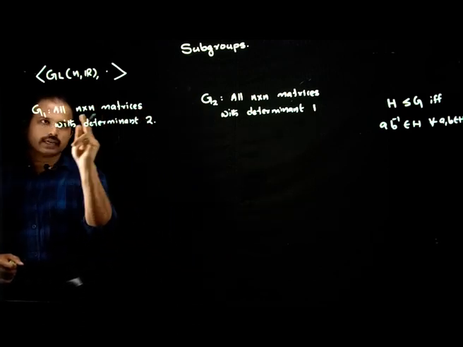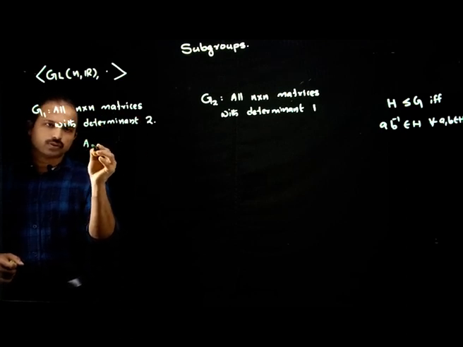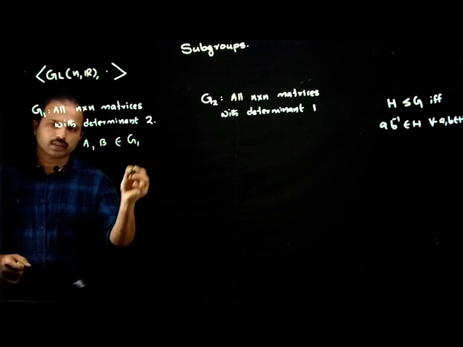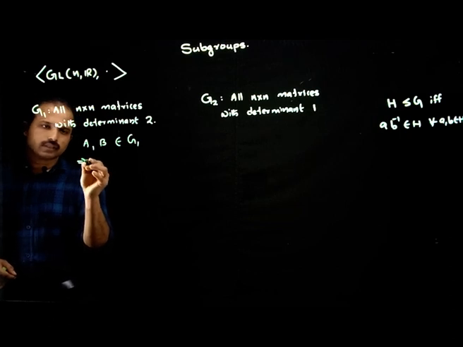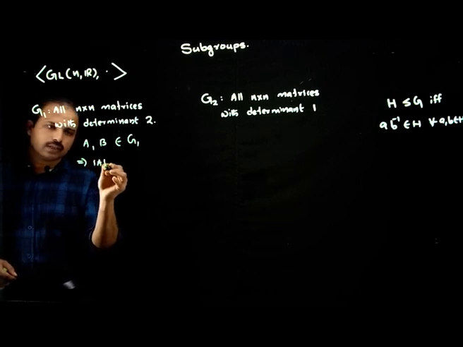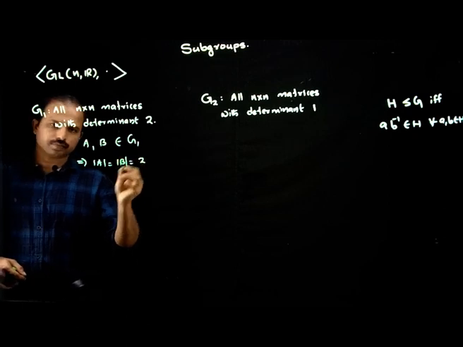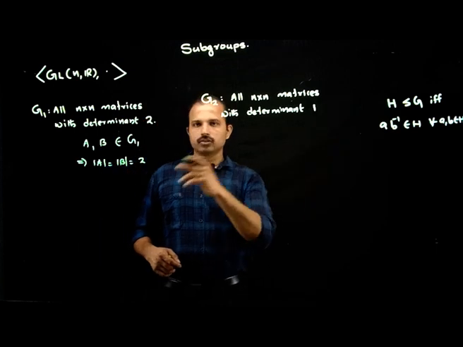Elements of G1 are n by n matrices with the determinant 2. So you choose two elements A and B from G1. A and B are elements of G1 means determinant of A is equal to determinant of B is equal to 2. Now we have to verify whether AB inverse belongs to G1 or not.